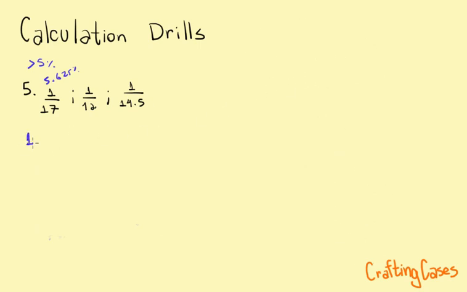Well, what's 1 over 12? I know that 8 times 12 is 96, so it's going to be around 8%, but not exactly that. How am I going to get to 1 over 12? There's something that's going to make this easier.